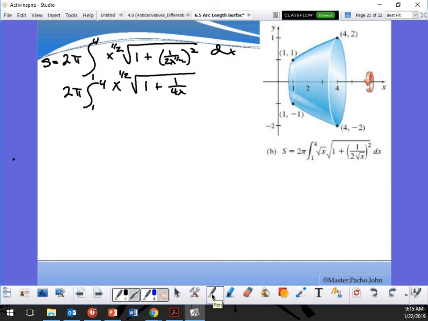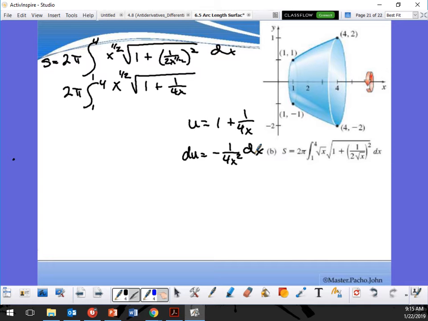So if we go u is equal to 1 plus 1 over 4x, right? My du would equal negative... and move that over.